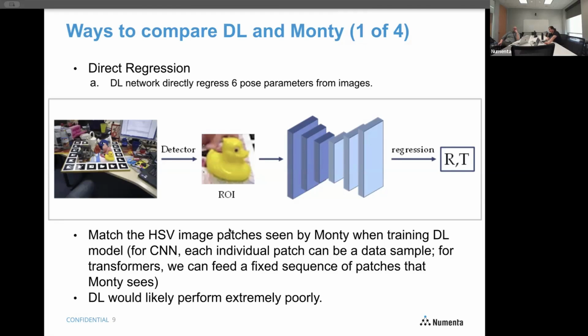I'm not sure if deep learning models can even learn rotation and pose with this small amount of patch data that Monty sees, but it's just a way I thought could be comparable, trying to put them into the same dimension between Monty and these kinds of models.